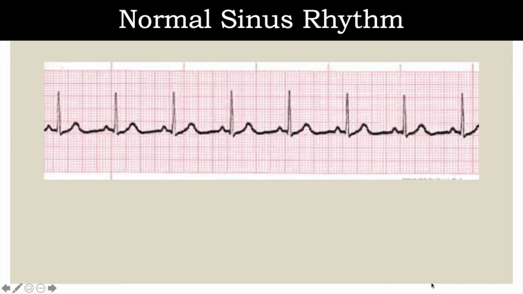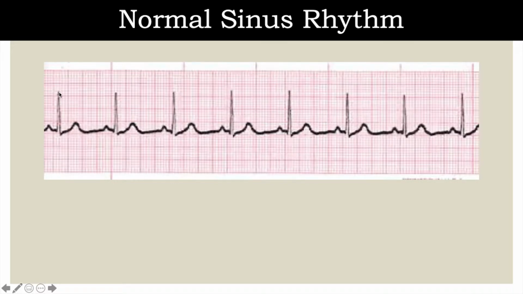This is your regular sinus rhythm. You can see the P, the QRS, and the T wave. Now, when you are assessing the heart rate, you're going to count how many R's you see. In this strip, we have 1, 2, 3, 4, 5, 6, 7, 8. So we have 8 R's, which are the little peaks right over here.